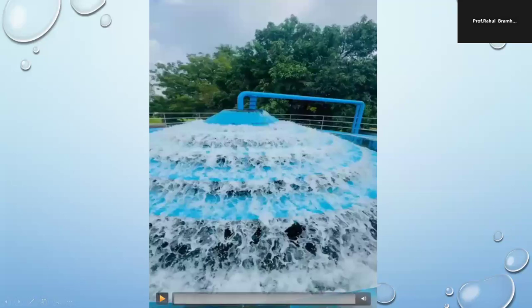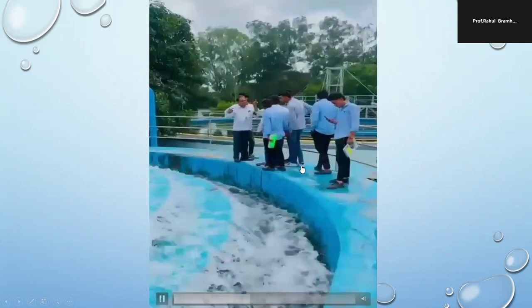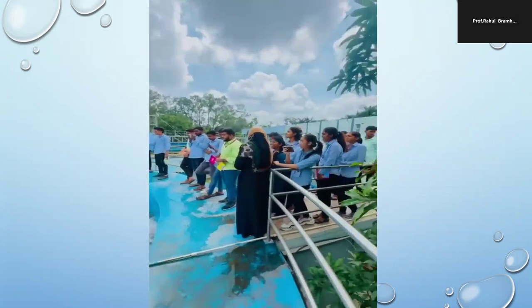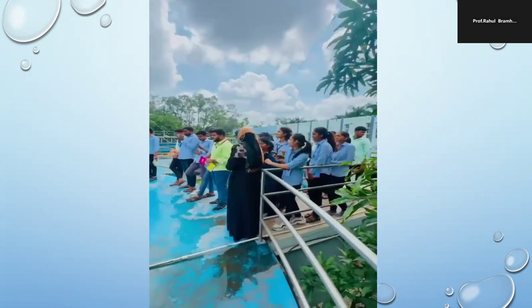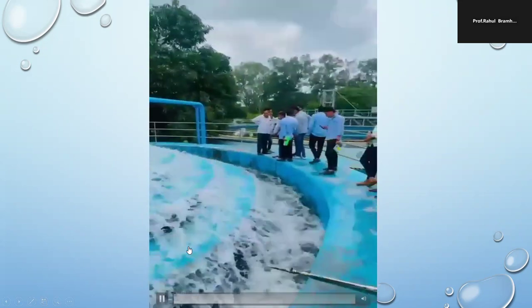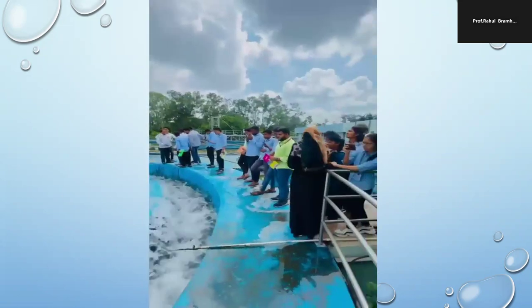Now you can see the actual process of the cascade aerator. This is the type of cascade aerator in which a steps-like structure is provided, and the water flows over that structure and achieves the aeration process.